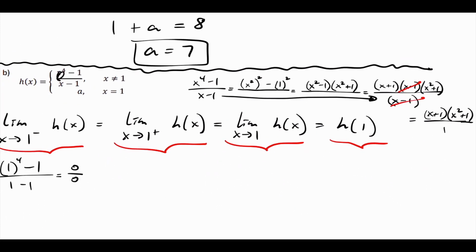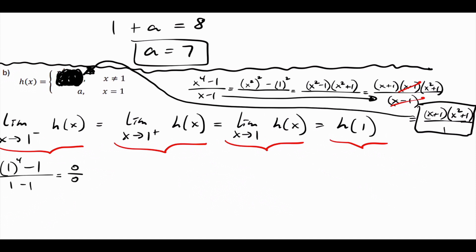So this is the guy I'm going to use. Okay, it's the reduced version of it. It's like a fraction that's reduced. They're the same fraction, but one's reduced and one's not.